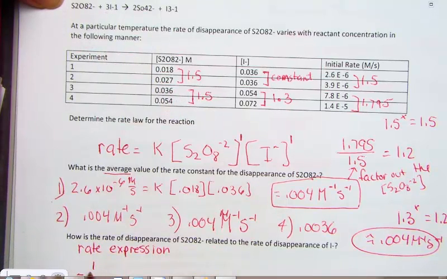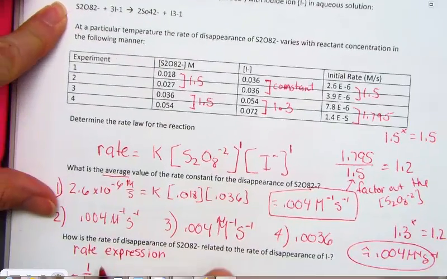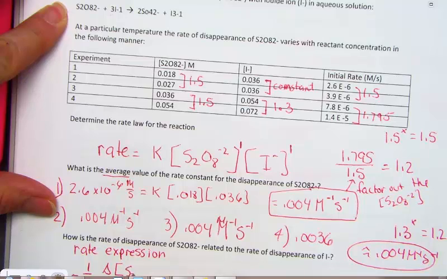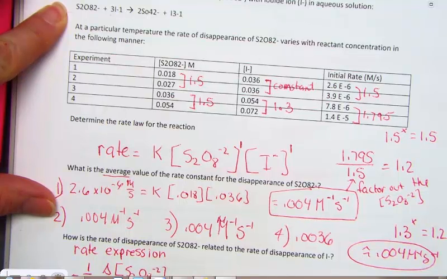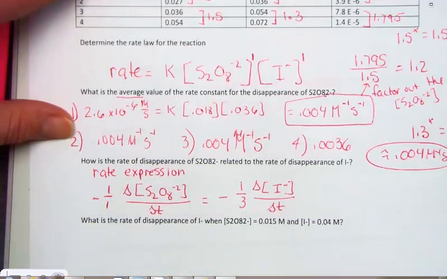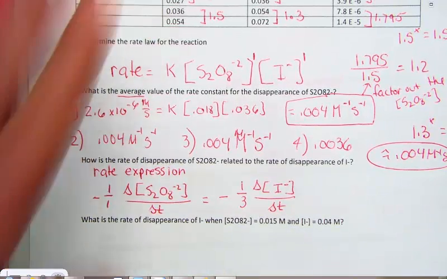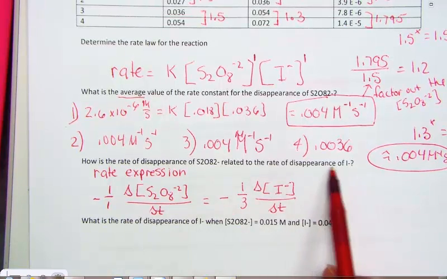Remember, reactants disappear: with the coefficient of 1 up here, the change in concentration of the first ingredient over a time interval is equal to 1/3 the change in concentration of iodide over a time interval. That's just coming from the stoichiometry up above. We could include the product side, but it didn't ask us to. It wanted us to relate the disappearance of both reactants.